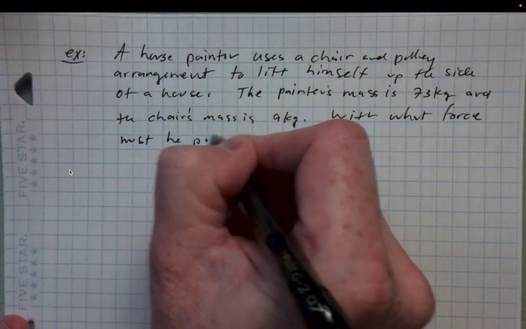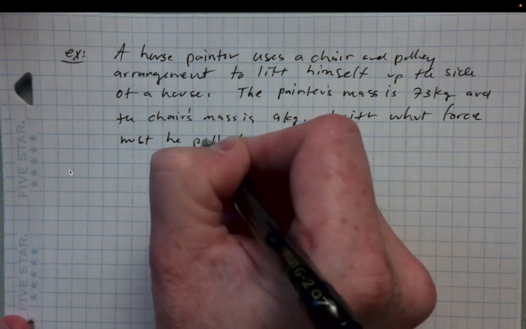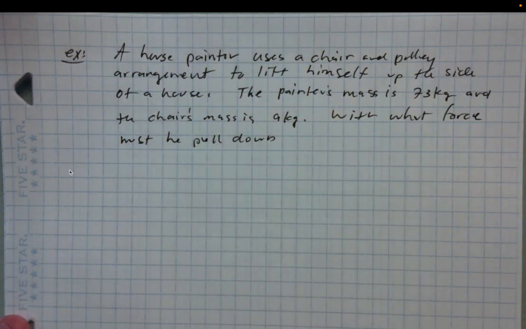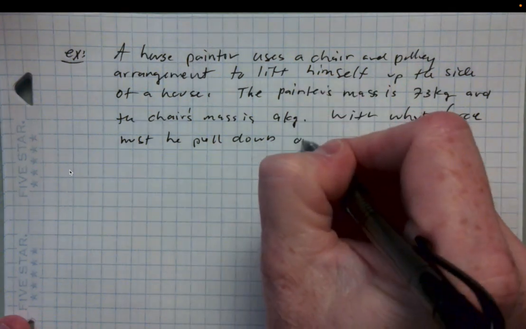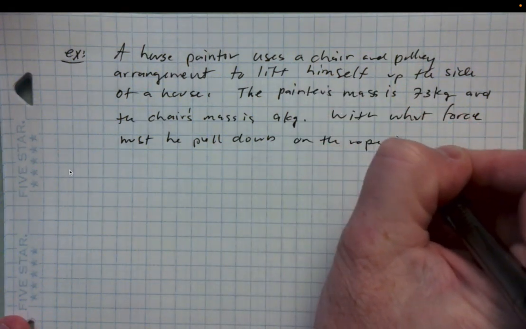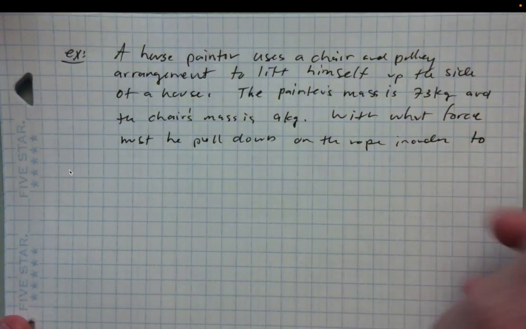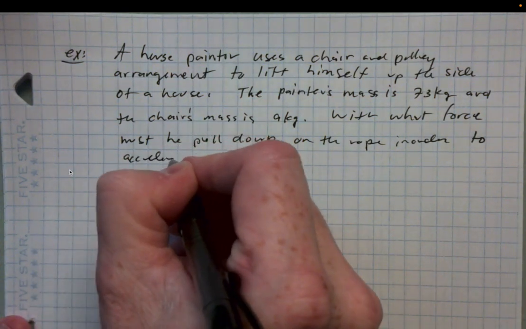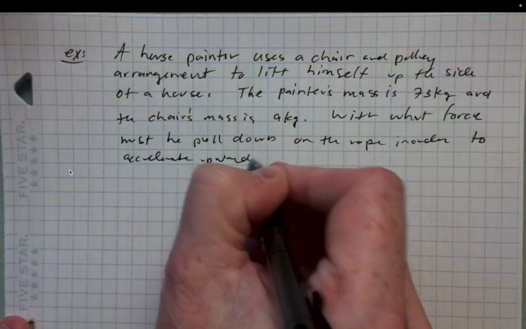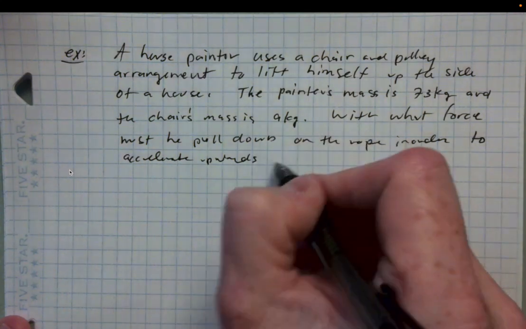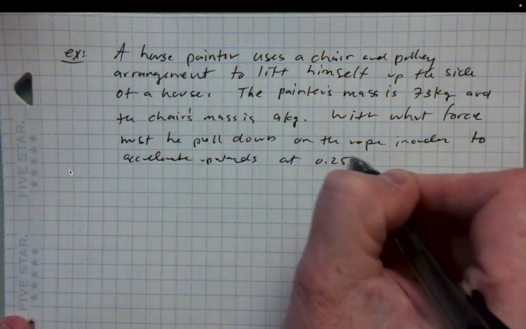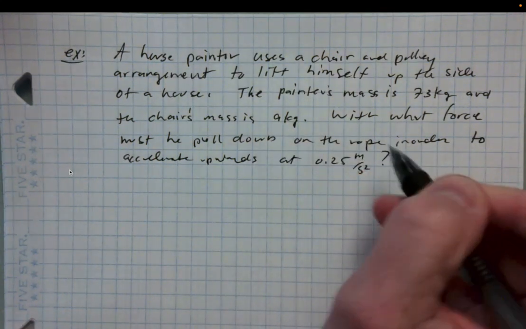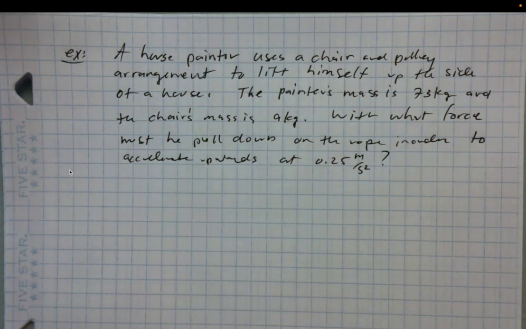With what force must he pull down on the rope in order to accelerate upwards at 0.25 meters per second squared? Okay, so what the heck is going on here?